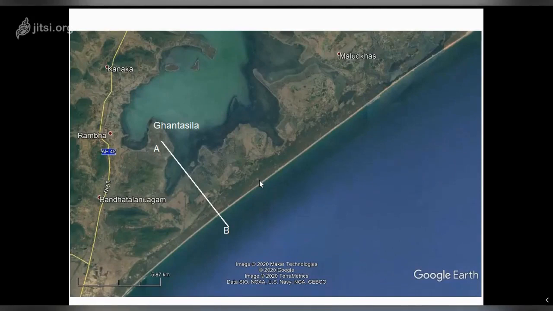And everybody was of the opinion that tectonic uplift might have taken place. Otherwise, to reach 9 meters in the Holocene is not supported by the sea level rise in other parts of the country, other parts of India.